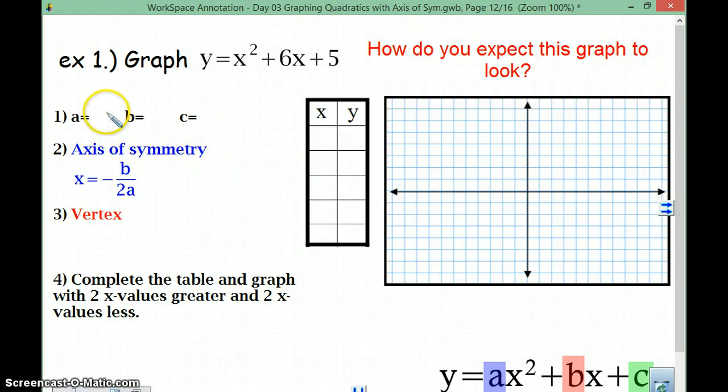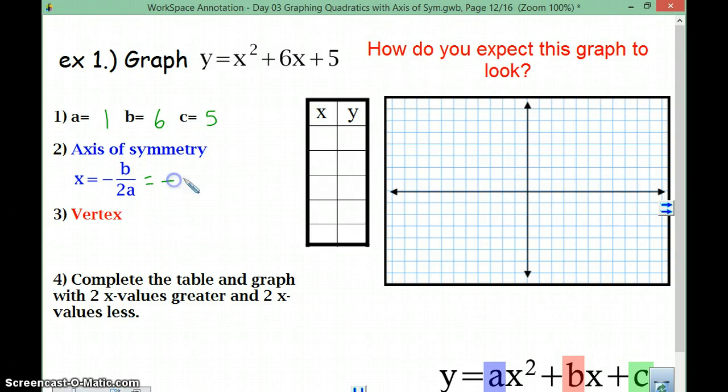What's my A? 1. It's an invisible 1 from right here. What's B? 6. What's C? 5. Good? Okay, axis of symmetry. Let's figure out what it is.